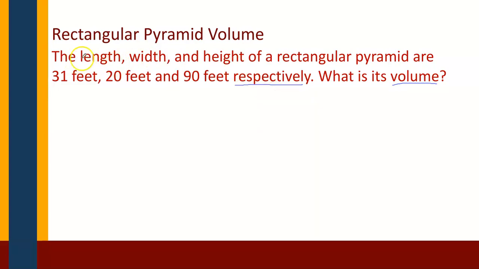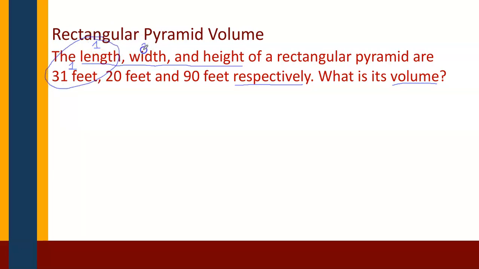So when they list the length, the width, and the height, and then they list 31 feet, 20 feet, and 90 feet respectively, they mean that they're giving these number values in the same order that they gave this list. So the first item in the list is length, and the first item in this list is 31 feet, so the length is 31 feet.